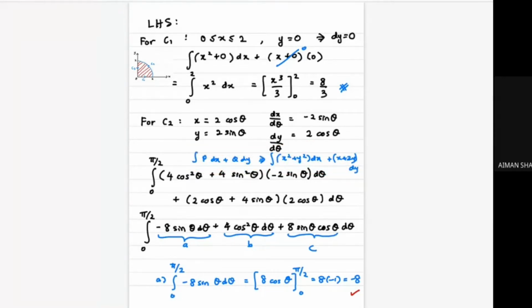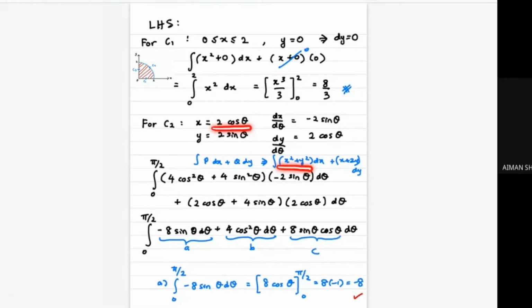So you just substitute all this, your x squared, y squared, x and 2y, into your x and y here. Substitute into your function from the question. x squared plus y squared. So your x here is 2 cos theta. So for x squared, you get 4 cos squared theta.